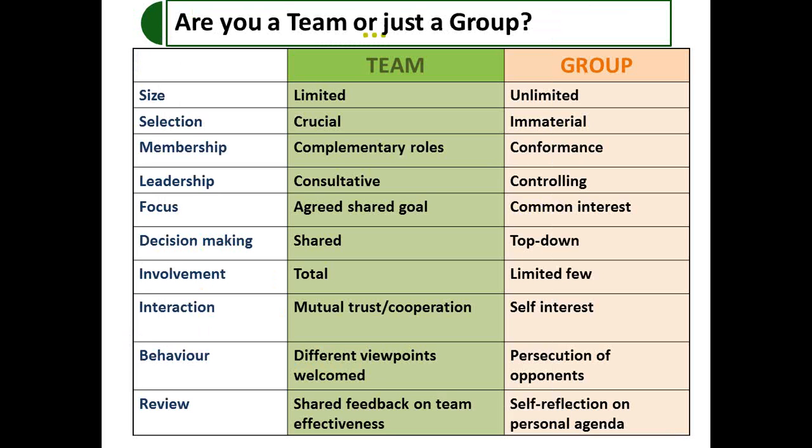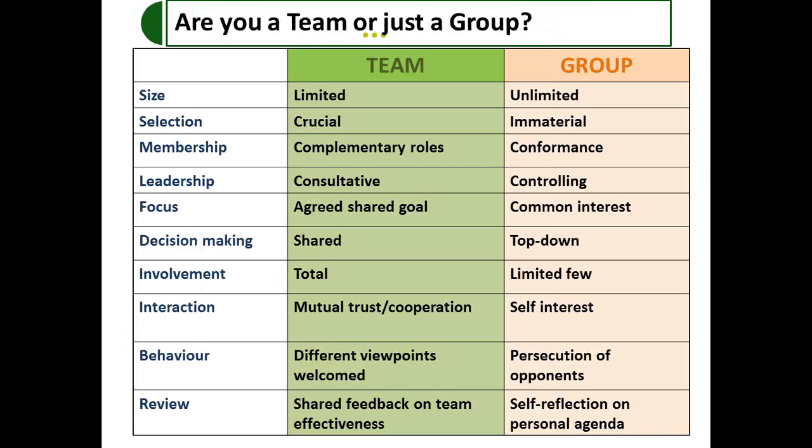Groups are often randomly chosen, or chosen as representatives. It's critical for a high-performing team to be selected. And that includes looking at their profiles and where their strengths and weaknesses are. And then there are others down there that I'll leave you to look at. Whether the leadership style is controlling or consultative.